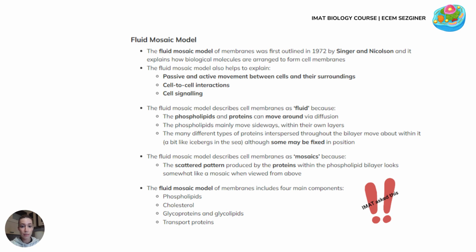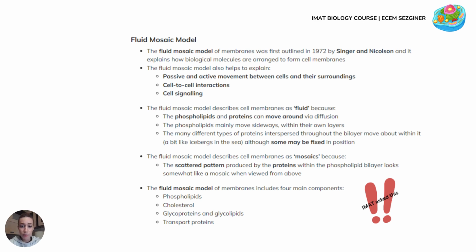The phospholipids mainly move sideways and they move within the layers, which we are going to explain with images as well. Moving within a layer is like moving like this. So it seems almost like they're flowing like a fluid, but they are not exactly fluid.